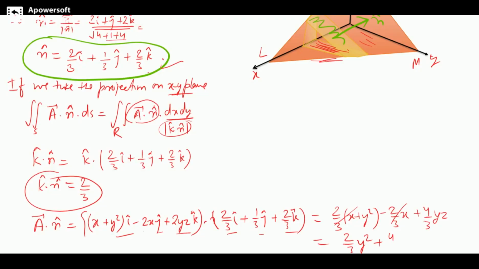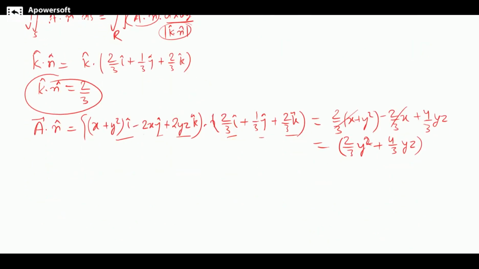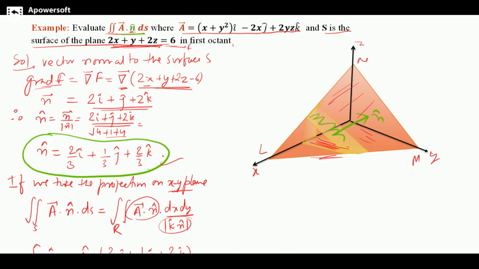The vector is 2 by 3 y square plus 4 by 3 yz. Now here the vector A dot n vector is evaluated. Because we are taking the projection of that surface on the xy plane, first we find the coordinates. Putting z and y as 0, we get the point 0 3 0 and 0 6 0.